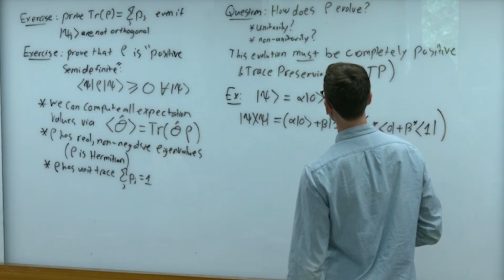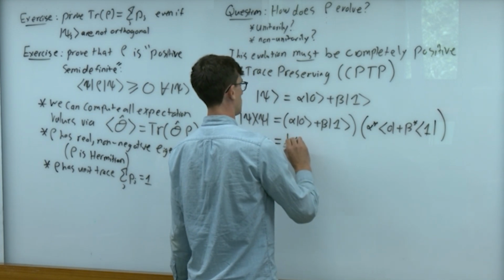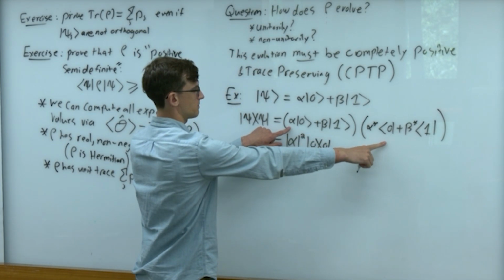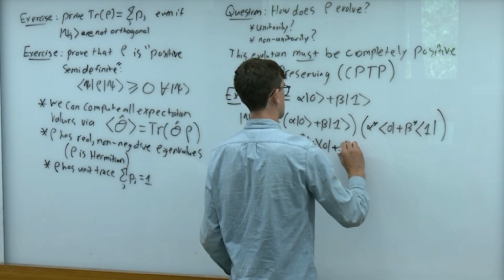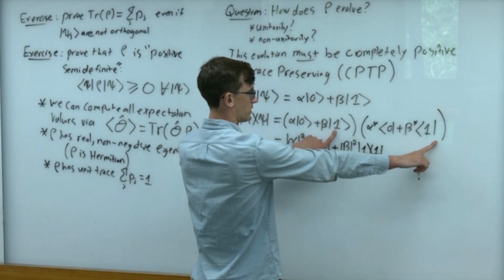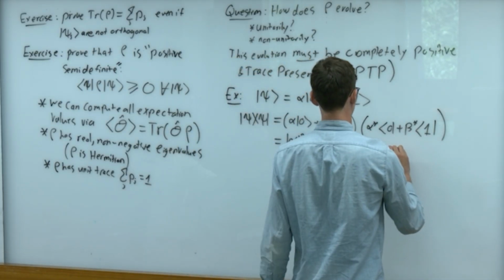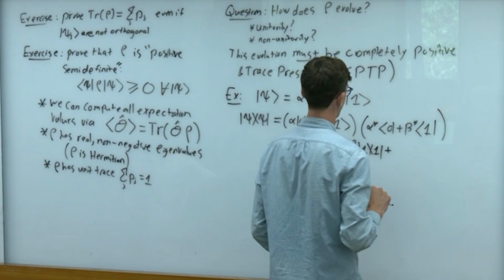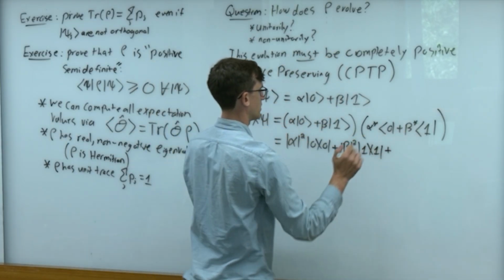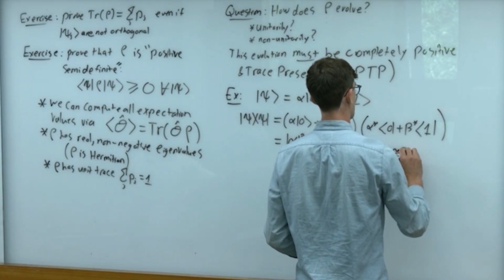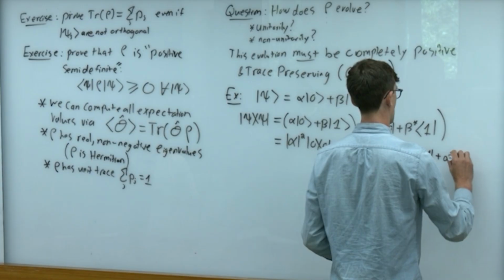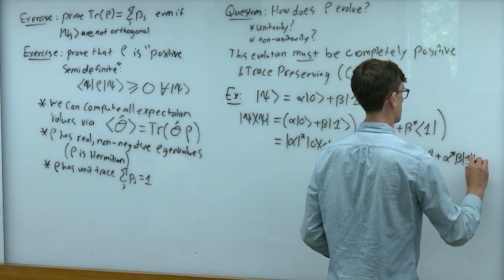So then this equals mod alpha squared 0, 0, multiplying these two terms, plus mod beta squared 1, 1, multiplying these two terms, and then I get these cross terms here: alpha beta star 0, 1 plus alpha star beta 1, 0.